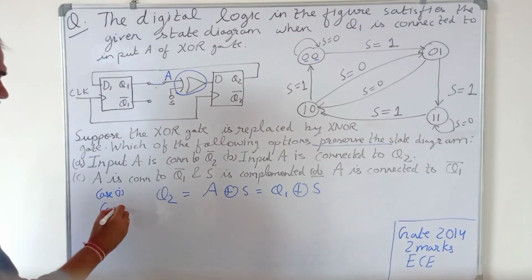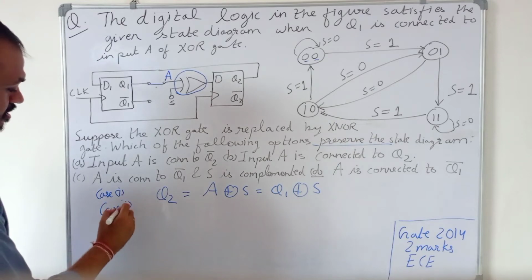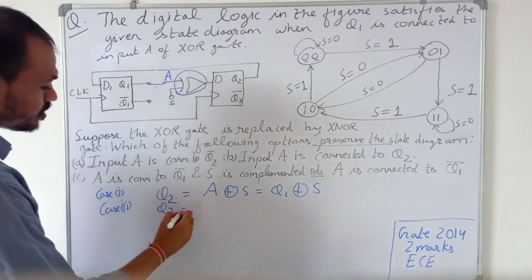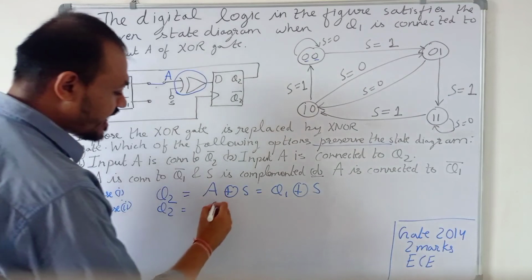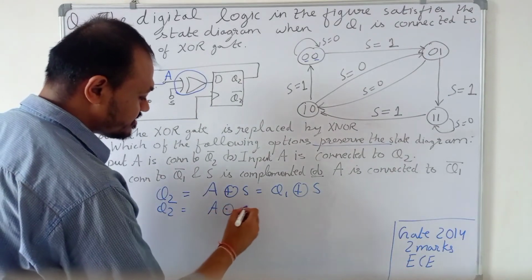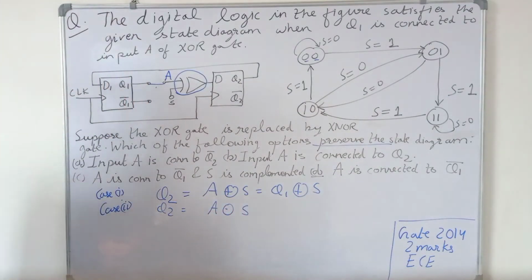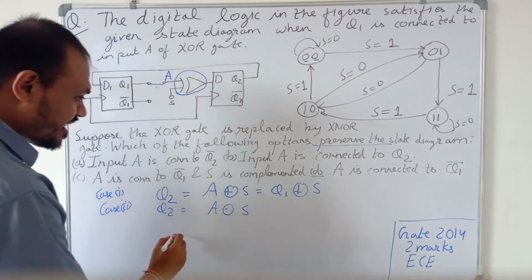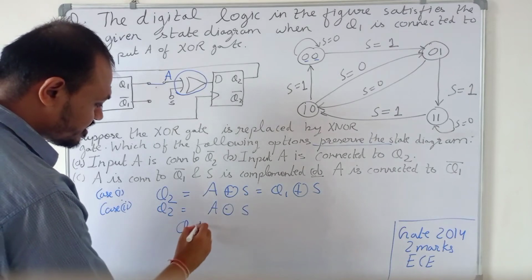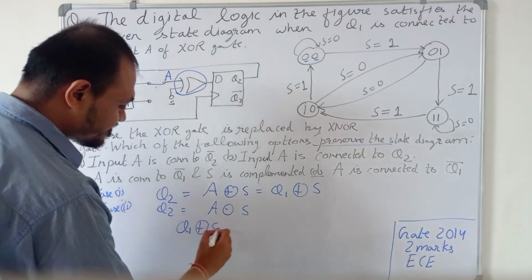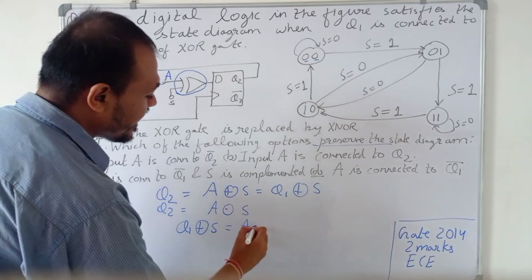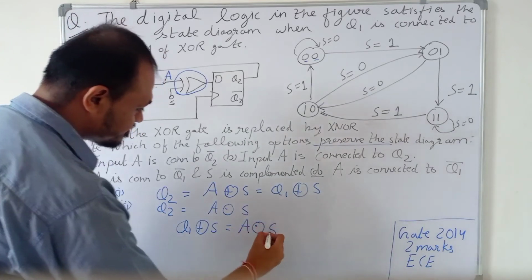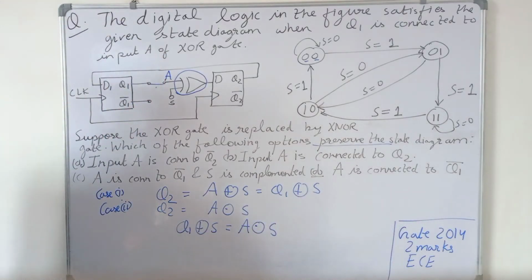For the second case, Q2 is equal to A XNOR S. But we have to preserve the state diagram, so both equations must be equivalent. So Q1 XOR S has to be equal to A XNOR S. Both these equations must be the same.